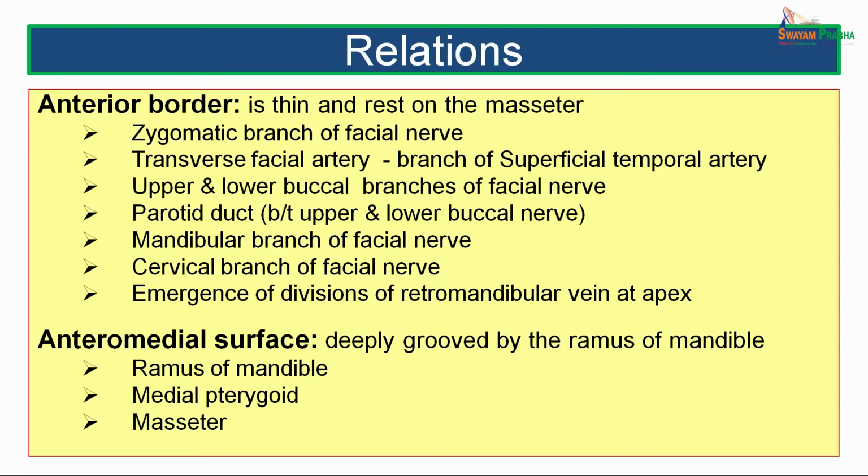We then go on to see the relations of the anterior border. The anterior border is thin and rests on the masseter muscle.